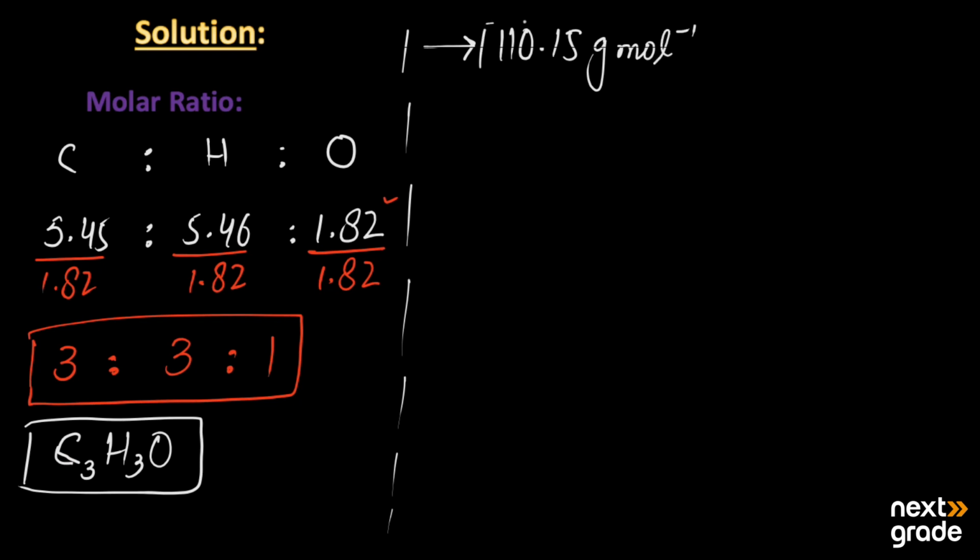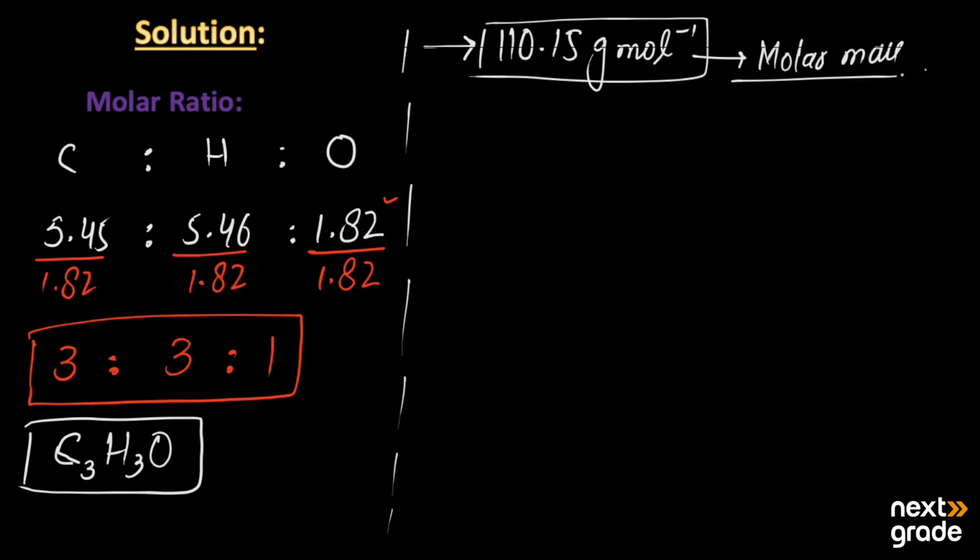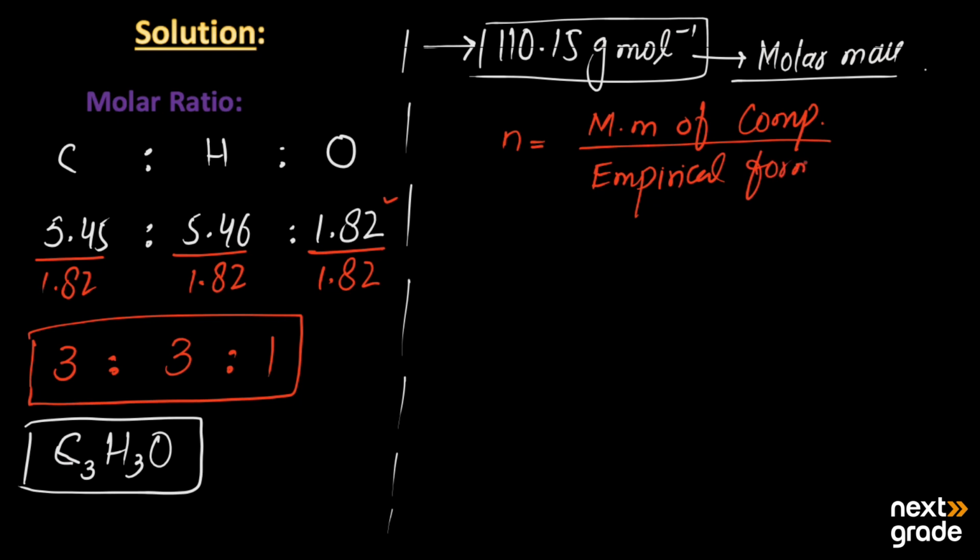Now from the molar mass we will find the value of N, where N is equal to the molar mass of the compound divided by the empirical formula mass.